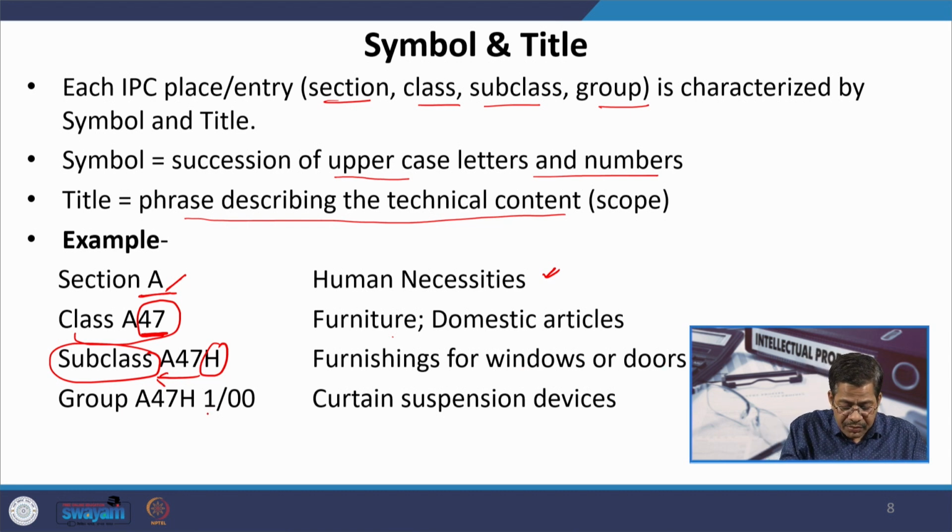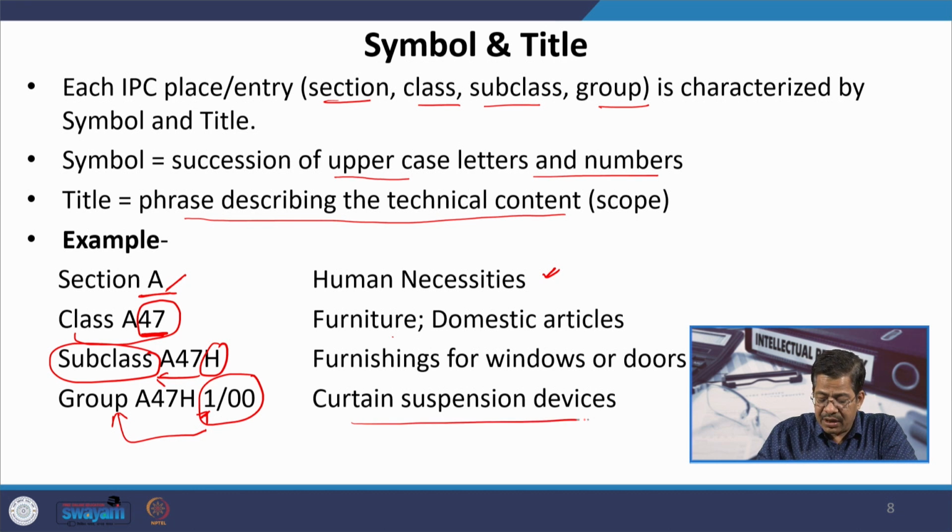And then another group is coming, 100, and that 100 is about curtain suspension devices.